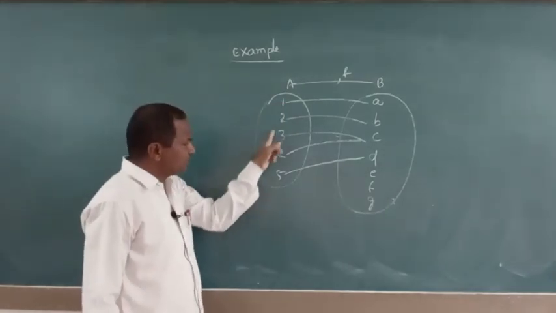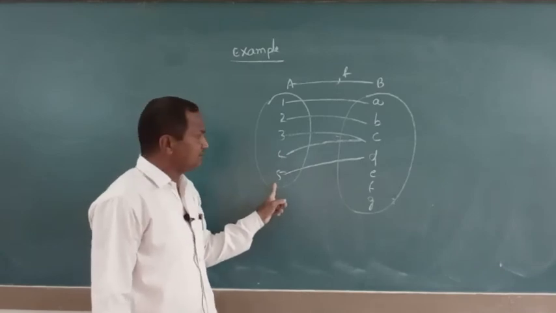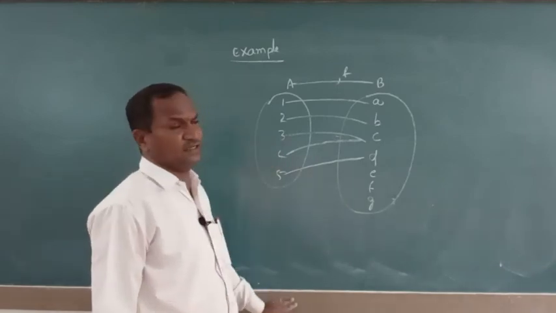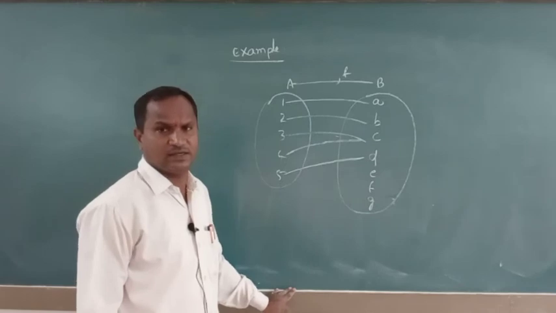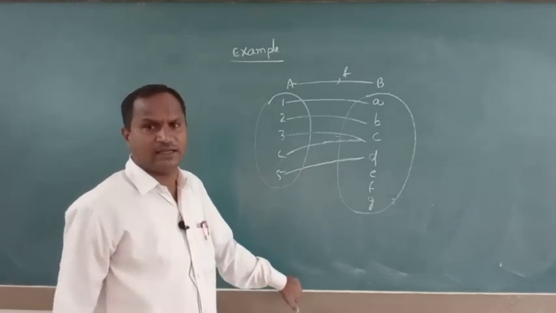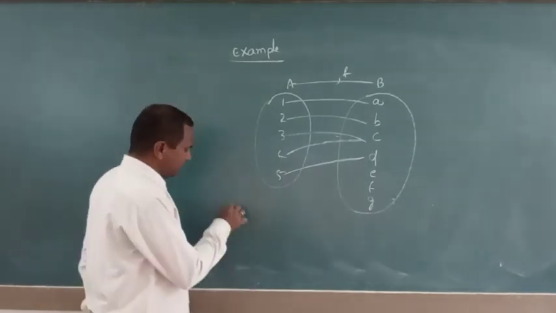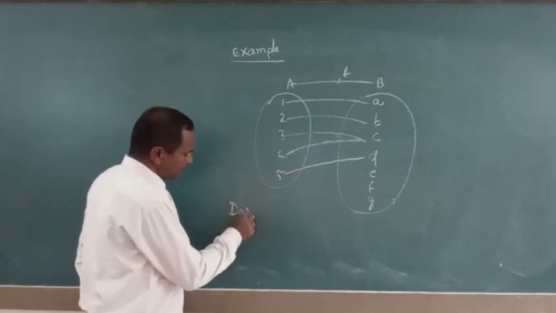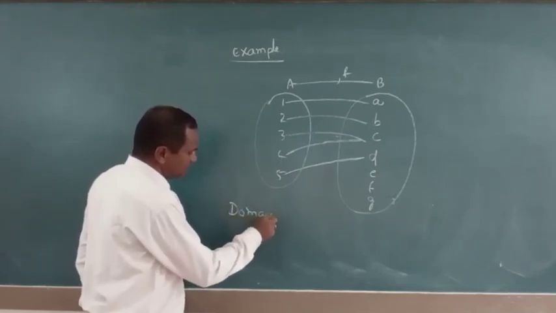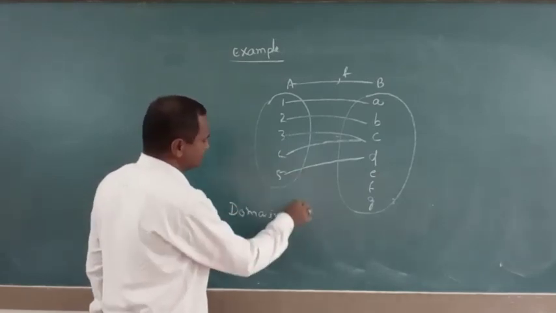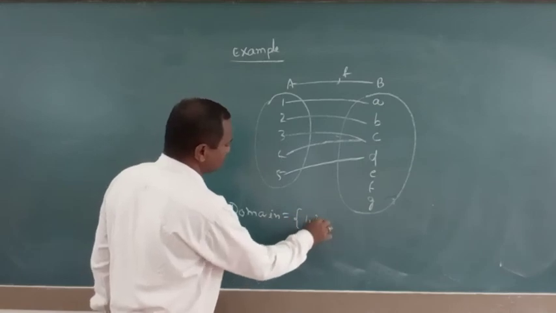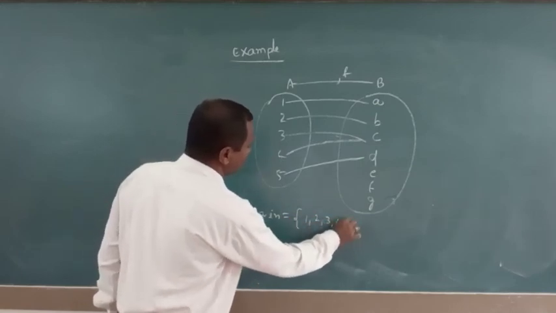Is it a function or not? Mapping is there from all the elements of set A, and at the same time we are not seeing repetition of the first coordinate. That's why we can easily say it is a function. First, domain. Domain means the whole set A, that is 1, 2, 3, 4, 5.